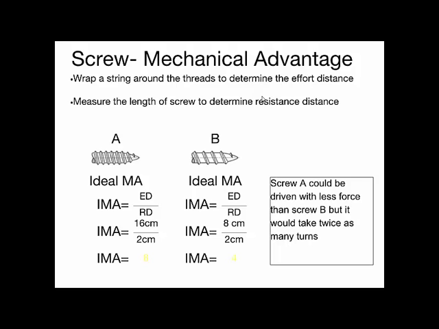I would not have to exert a lot of force turning that screw, but how many more times am I going to have to turn it? Twice as many times. So I could turn this one, let's say, 20 times to get it into the wood. This one, I would have to use more force, but I could maybe turn it 10 times.